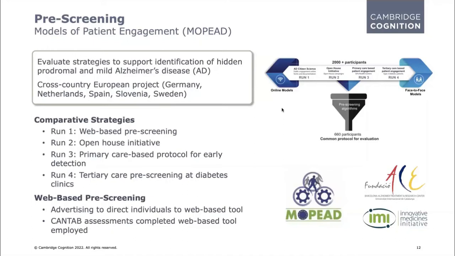And that was the same with Run 4, but within diabetes clinics, the participants were given the opportunity to take an additional screening, making use of the fact that we know there's an elevated risk of impairment in individuals with diabetes. So I'm going to talk more specifically about the web-based screening tool through the next slides, and the impact that had on identification of patients with MCI and dementia.